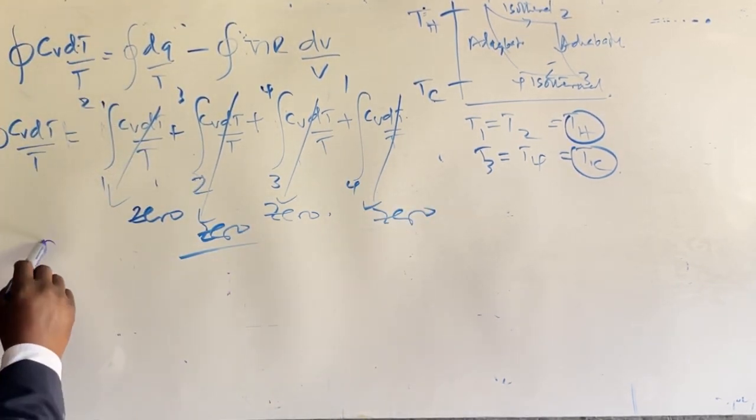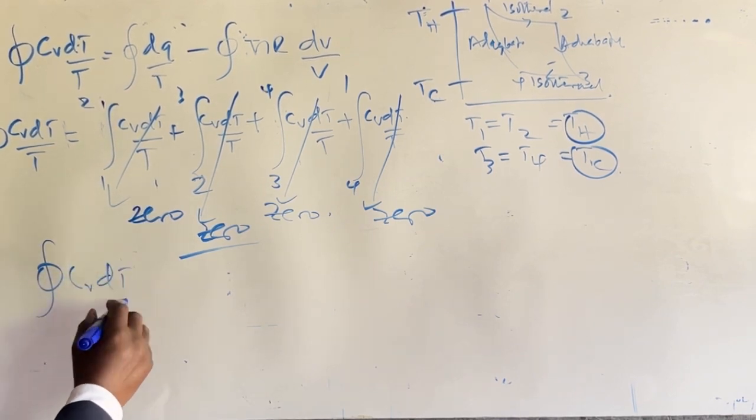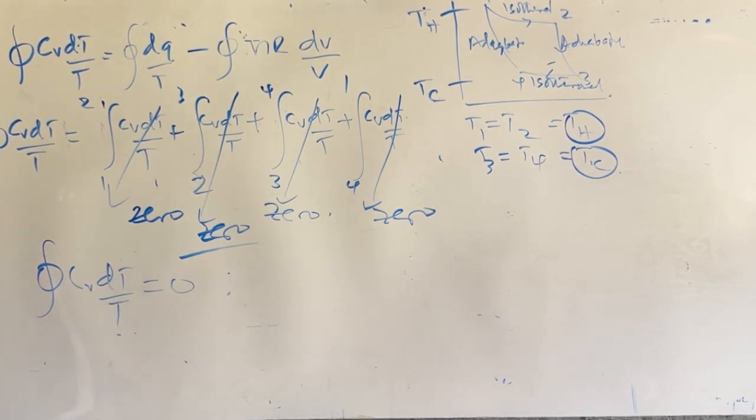So that the cyclic integral CV dT over T will be 0. But that's just one of the integrals.